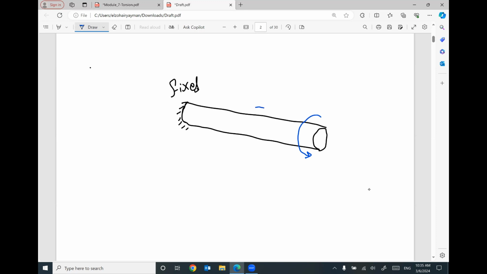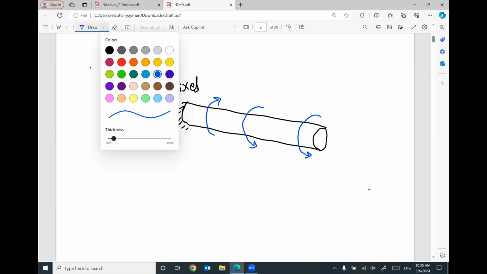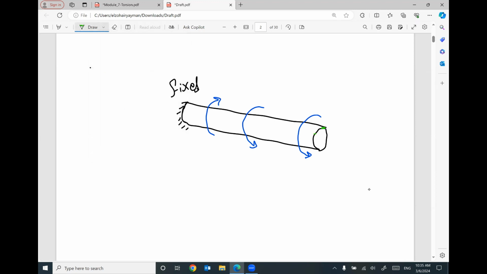So this point will rotate to this new position due to the twisting of this member. But keep in your mind, this free end will twist, but this fixed end will not. So this point will remain as it is.